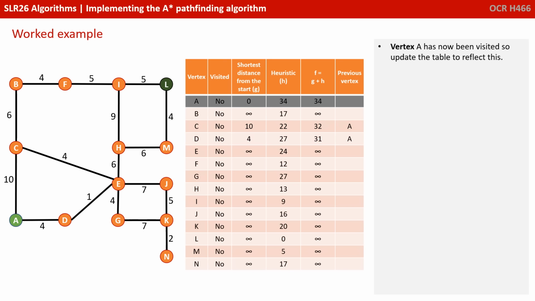Vertex A has now been visited, so we update the table to reflect this. We now find an unvisited vertex with the lowest F value. So currently that's D, as it has an F value of 31.